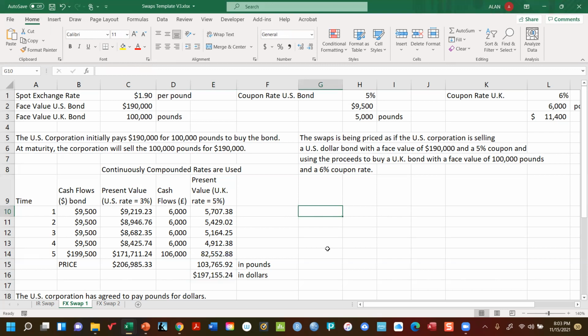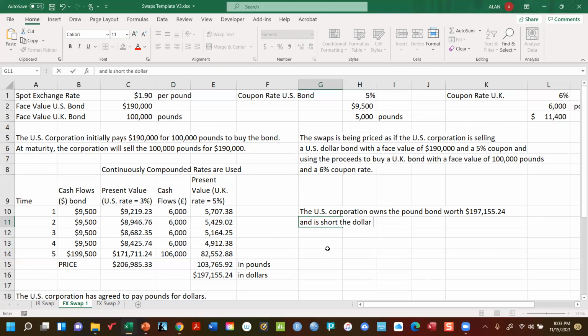So now remember, the US corporation owns the pound bond worth 197,155.24 and is short the dollar bond worth 206,985.